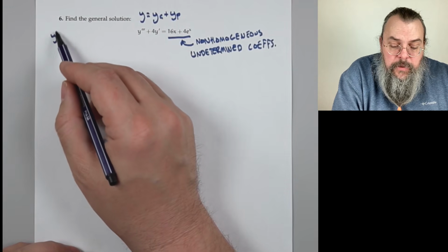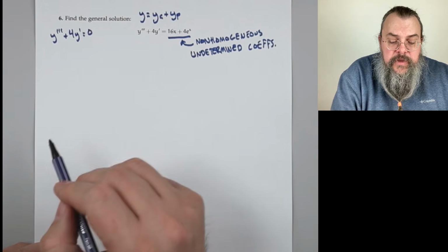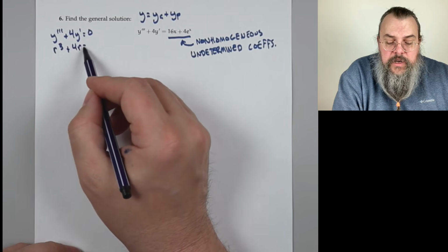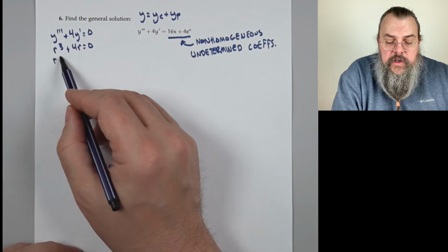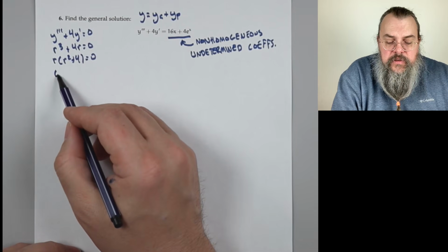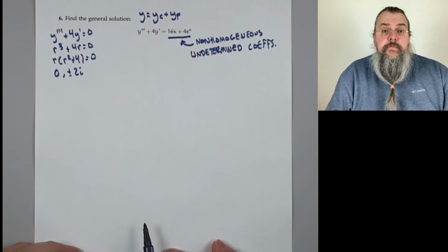So we start with y triple prime plus 4y prime equals 0. And this becomes r cubed plus 4r equals 0, or r times (r squared plus 4) equals 0, which gives us 0 and plus or minus 2i as the roots.